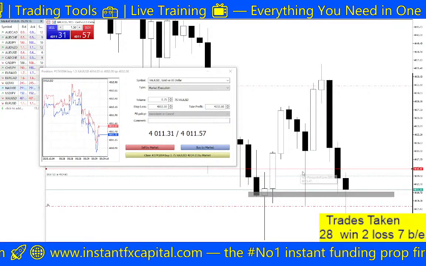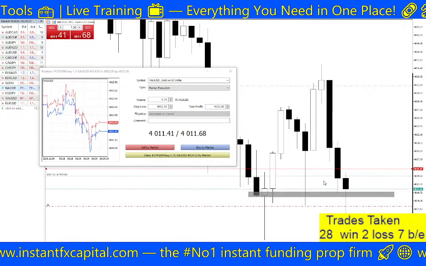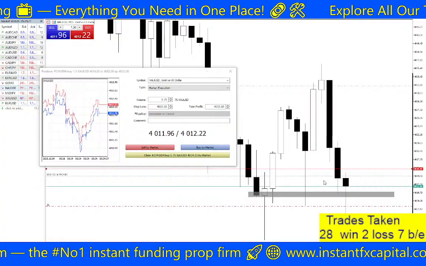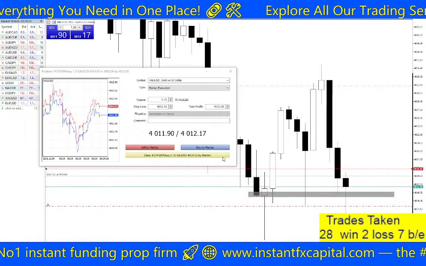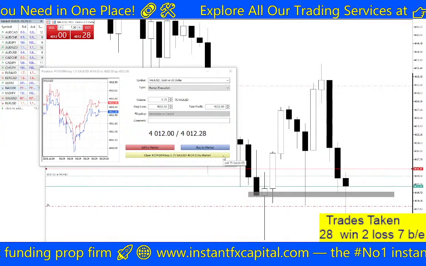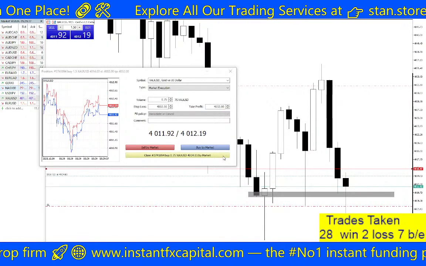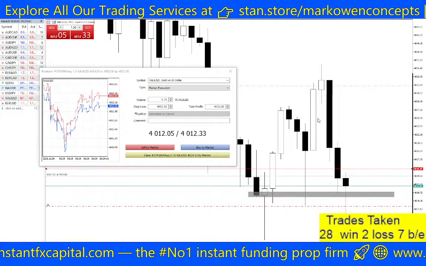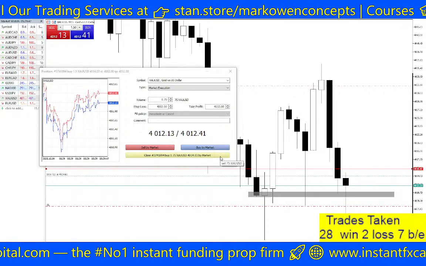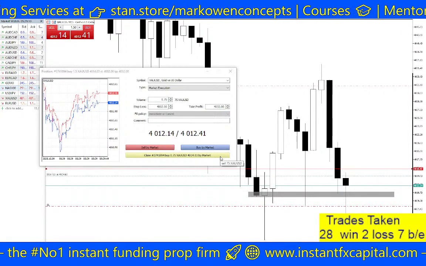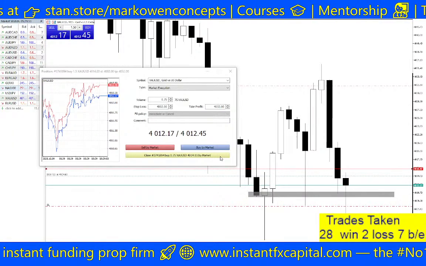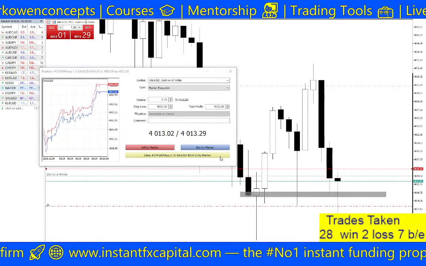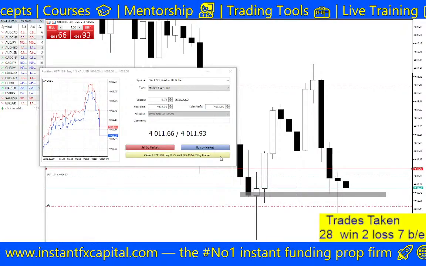They're all going to close at the same time. 30 seconds, guys. 30 seconds. 15 seconds. Okay, so here comes the move for liquidity.